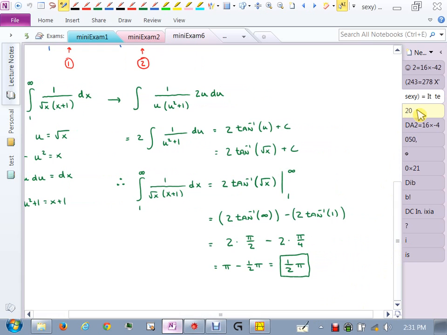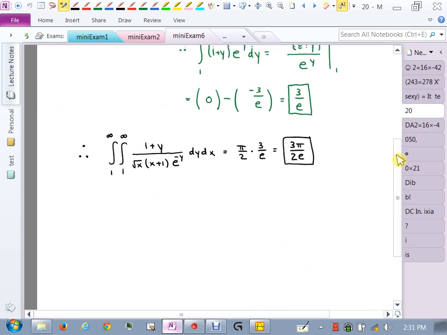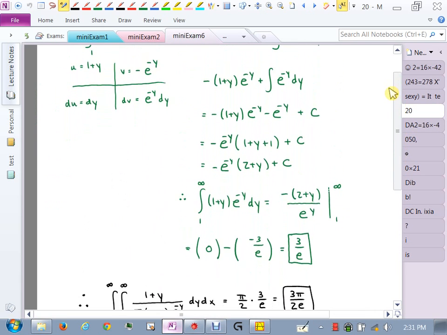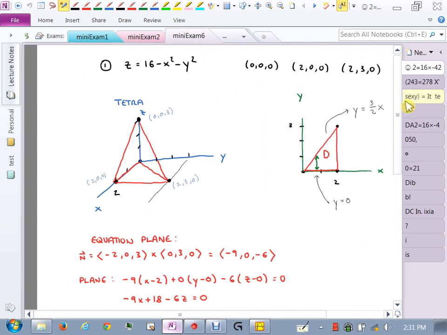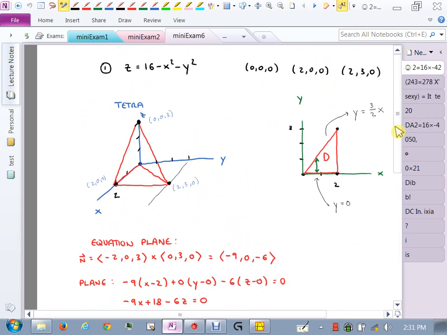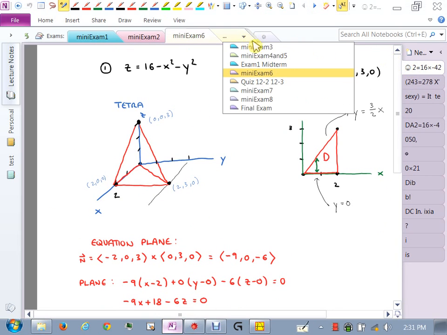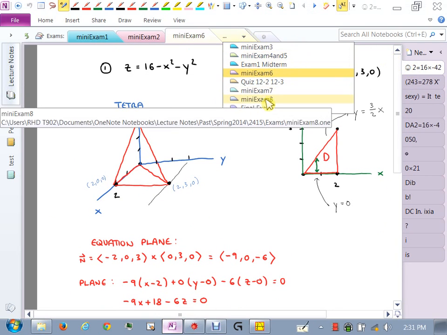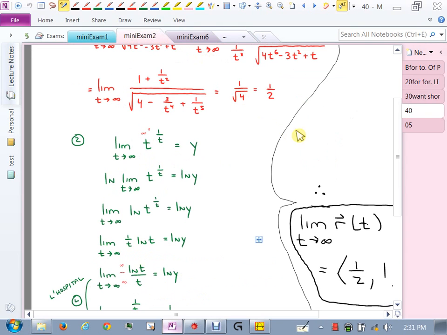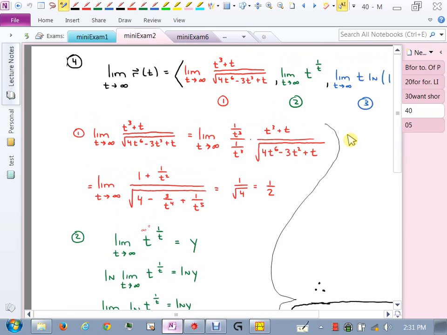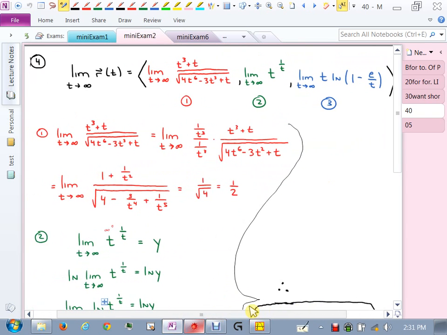No, it looks worse than it is. I'm trying to show a problem that has L'Hopital's rule in it, and I'm having a problem finding it. I think it's way, way early in the semester. You believe me? Okay. Oh, here it is. There we go.